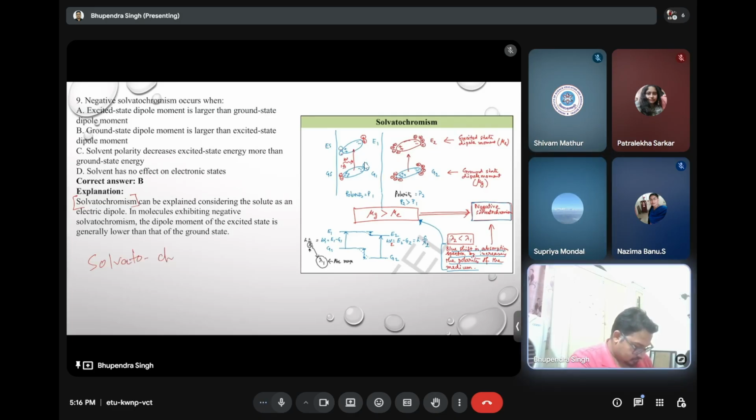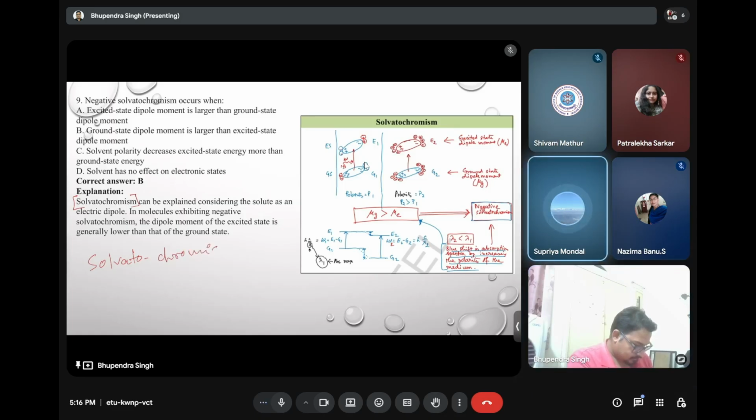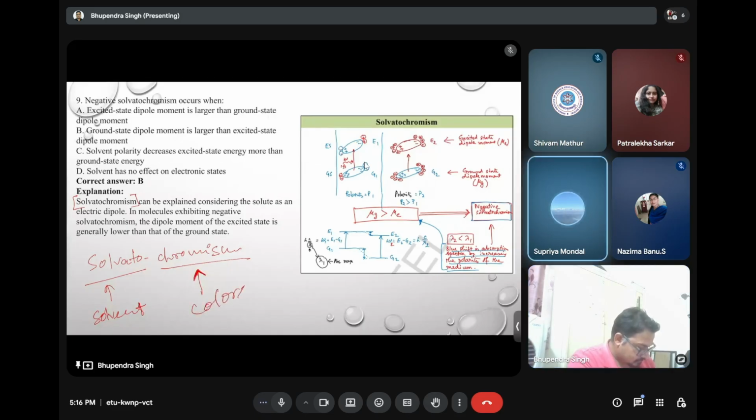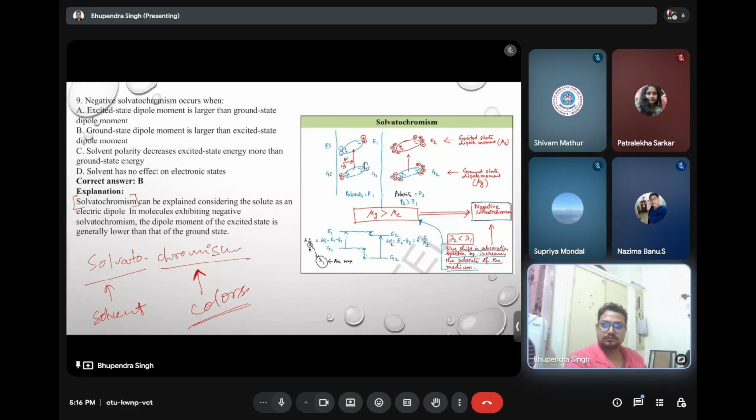Polarity of what? Polarity of the solvent. What does chromism mean? Colors. Yes, okay.